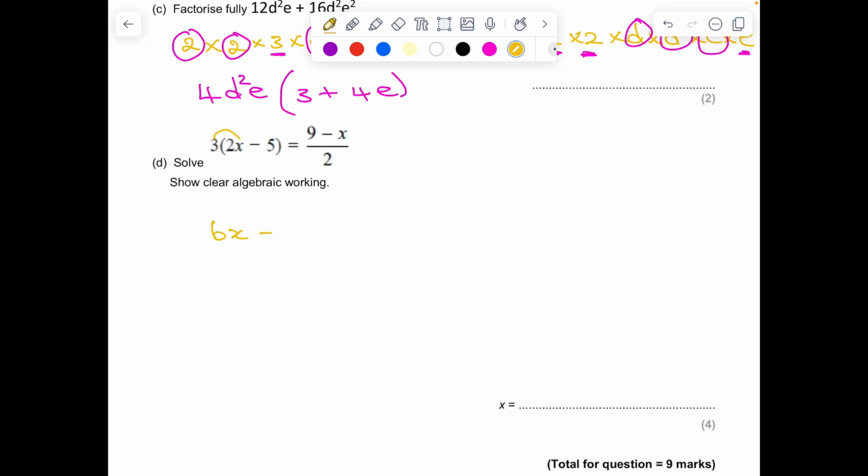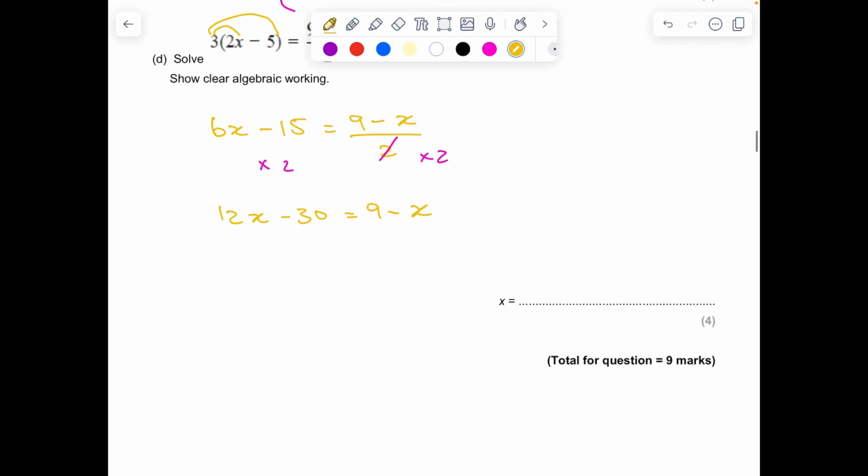Take away 3 times minus 5, which is minus 15, equals 9 take away x over 2. Then I would multiply both sides by 2 to get rid of the divide by 2 here. And what that gives me on this side is 12x minus 30 equals 9 take away x.